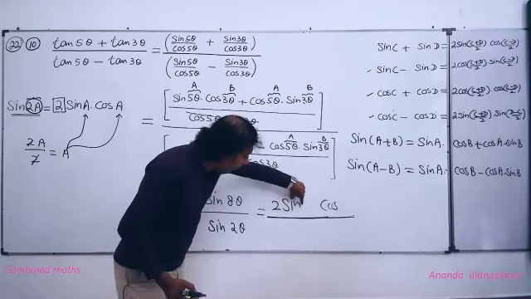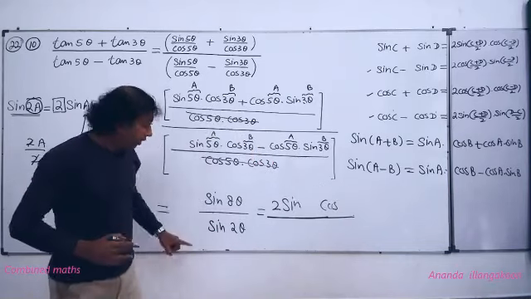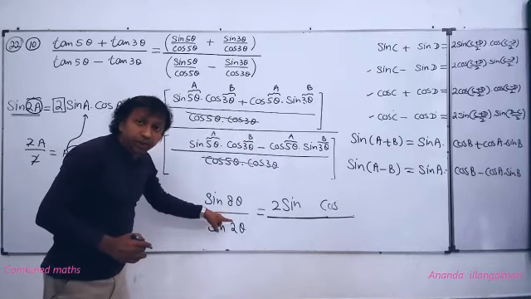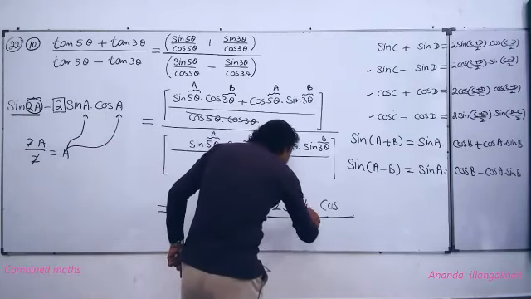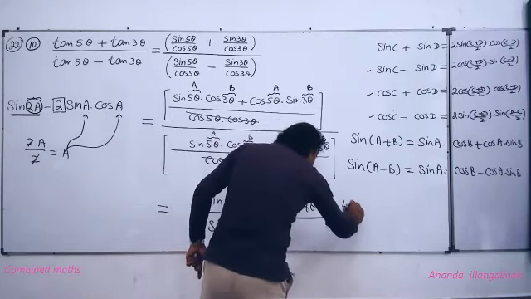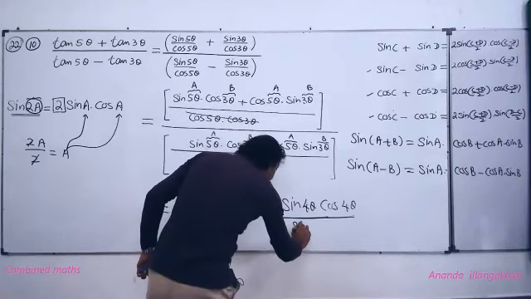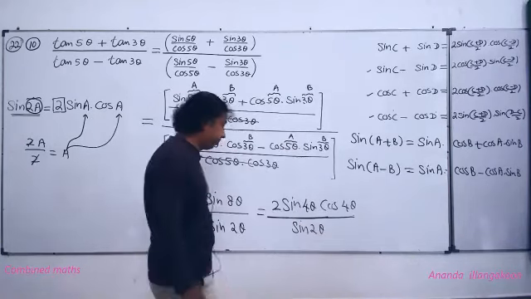What is the angle here and here? When you divide 8 theta by 2, what do you get? 8 by 2 is 4, no? 4 theta here, 4 theta. And sin 2 theta.